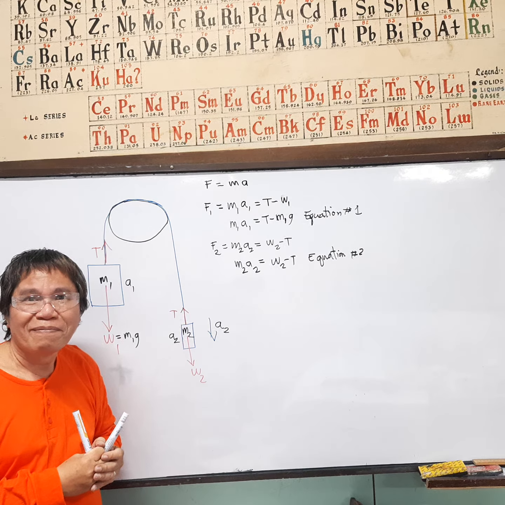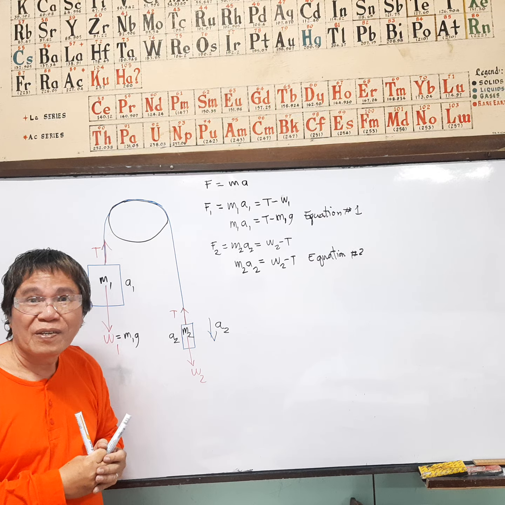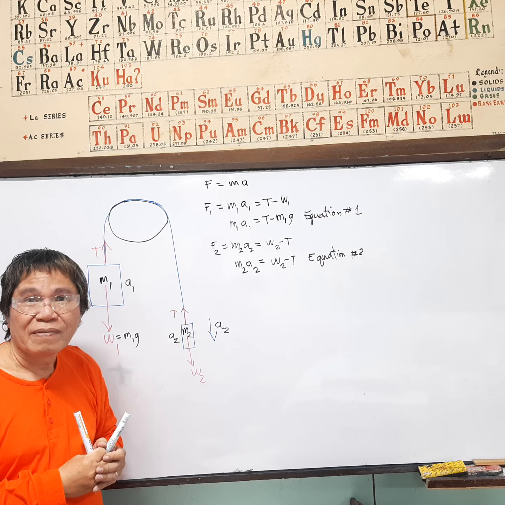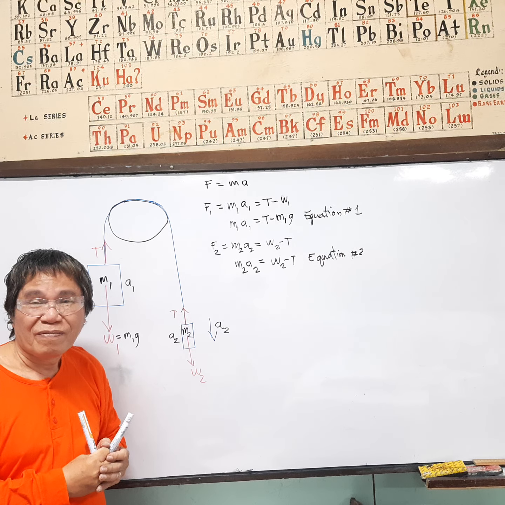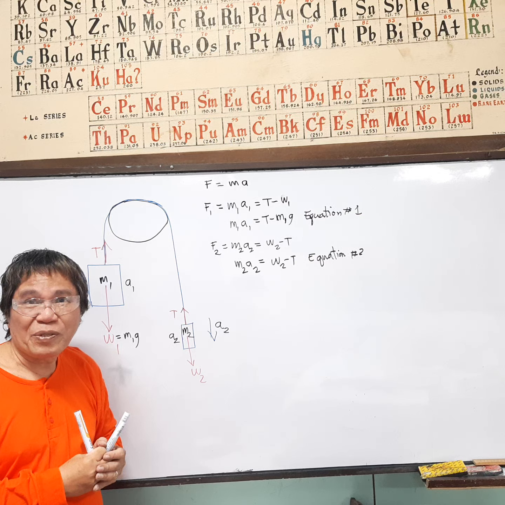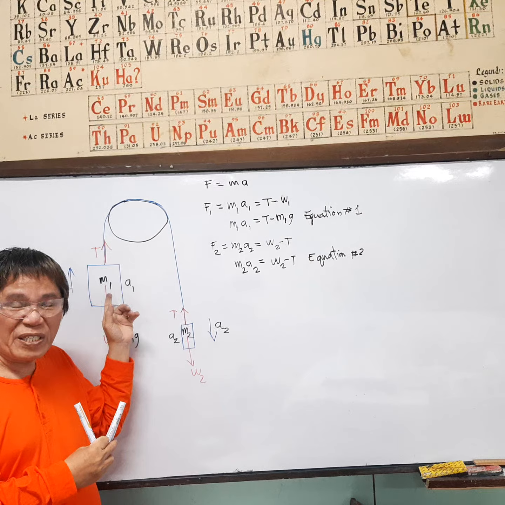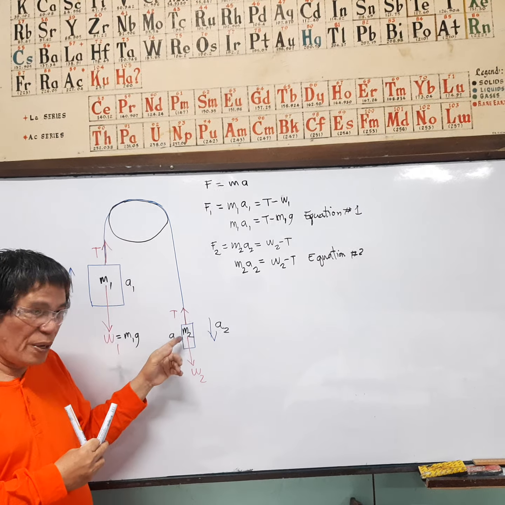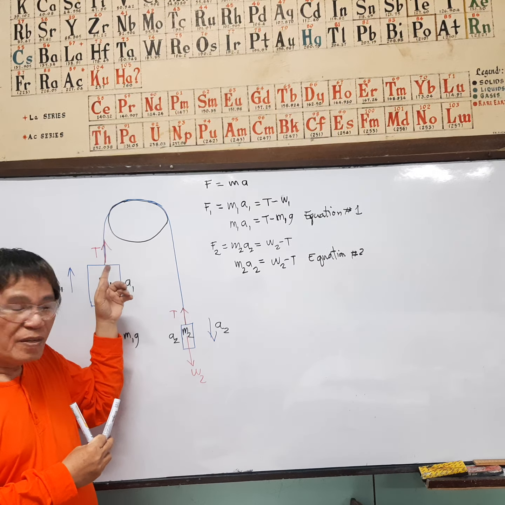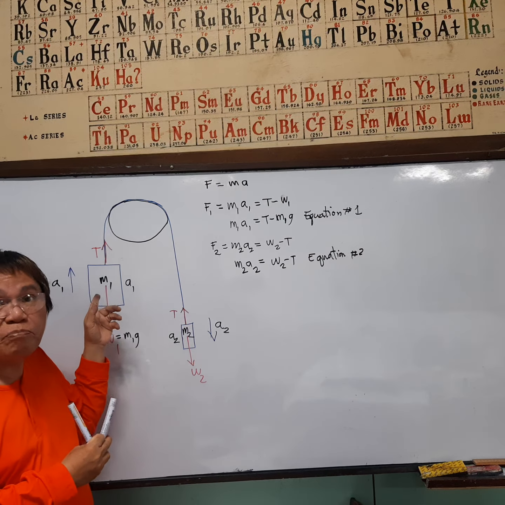Because the two objects with M1 and M2 as their masses are connected with one cable. If this moves faster, this one will move faster. If this one moves slower, this one will move slower. Slower down, slower up. Faster down, faster up. Stops, stops.